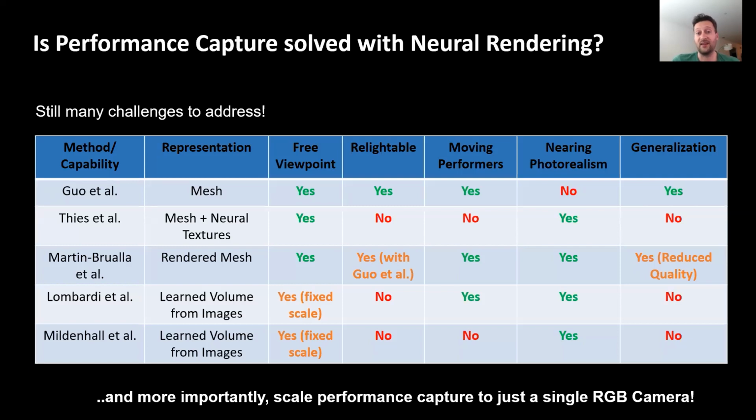The majority of them don't support relightability, and some of them cannot really account for free viewpoint videos, but usually have a fixed scale, or they can support a half hemisphere. But more importantly, all these methods usually rely on this pretty complex capture system with multiple cameras. And our goal is really to scale performance capture systems to just a single RGB sensor.